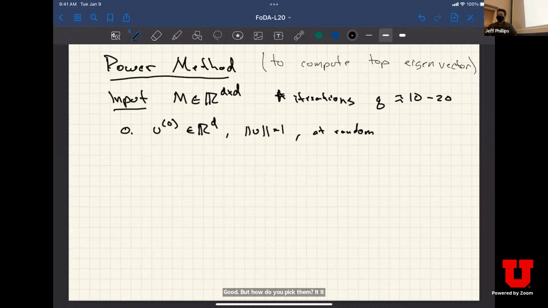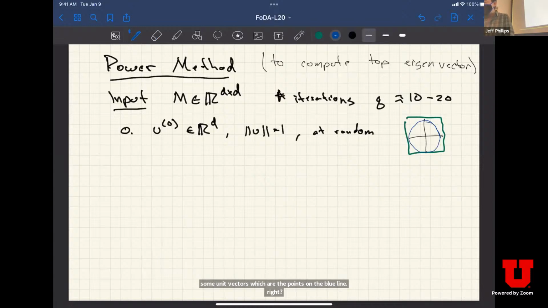It turns out that if you just pick them uniformly, then think of the unit vectors as the points on the blue line, the unit circle.